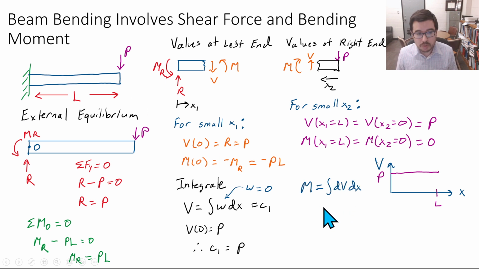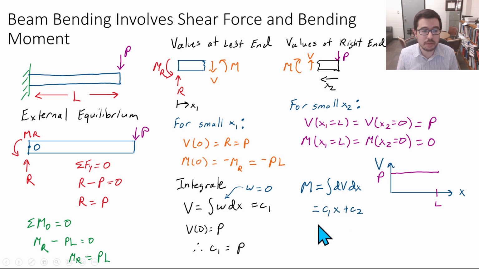Now, let's integrate dV/dx is equal to M. I'm sorry, dM/dx is equal to V. Oops. So that means that we can say M is equal to the integral of V dx.